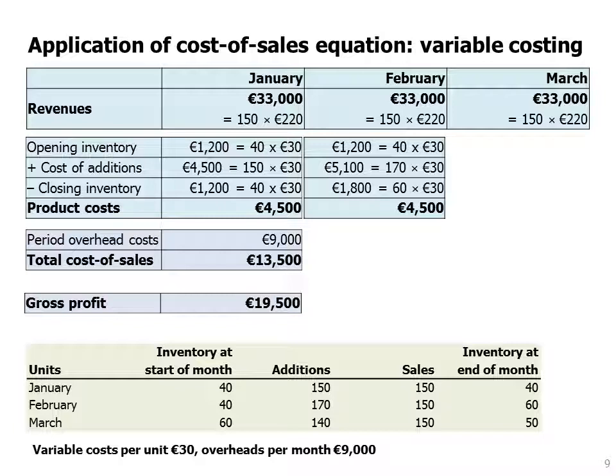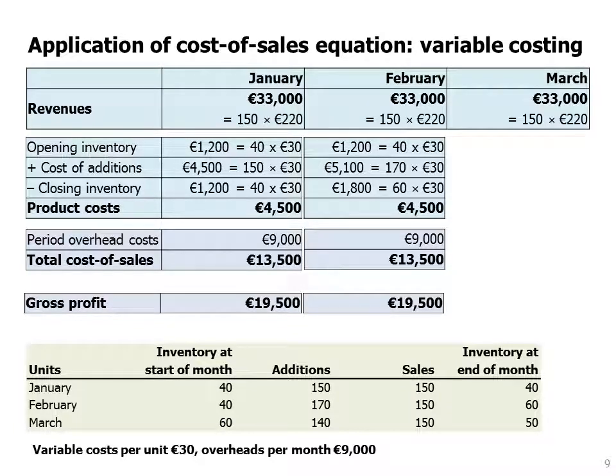So closing inventory is up 20 units from 40 to 60. So our cost of sales equation is inventory at 1,200 euros, additions 170 times 30 is 5,100, less 1,800, which is 60 units at 30 euros each, which is our closing inventory, and product cost is 4,500. Unchanged period overhead cost, unchanged gross profit of 19,500.